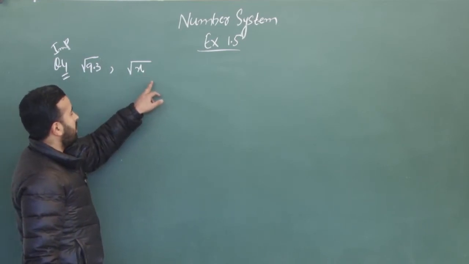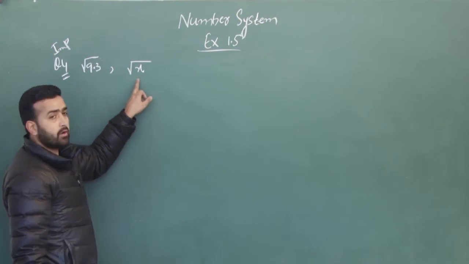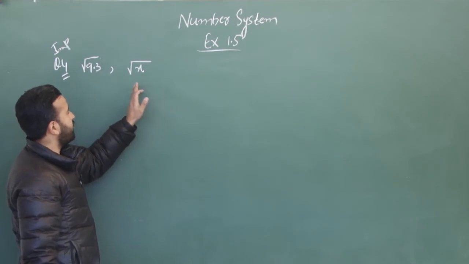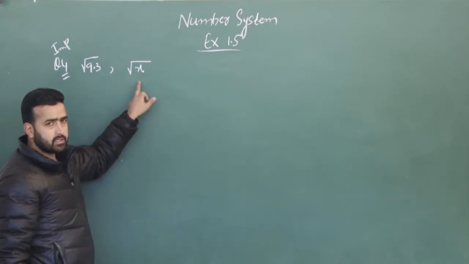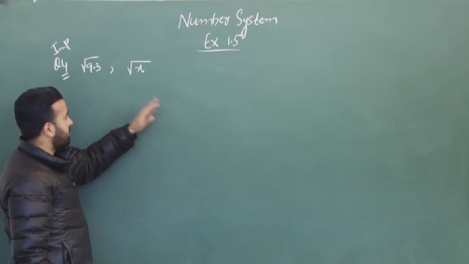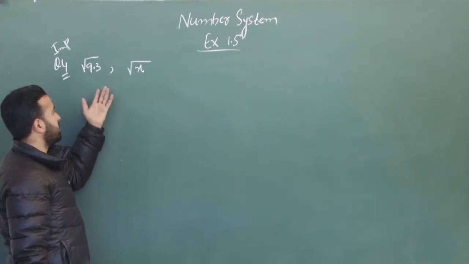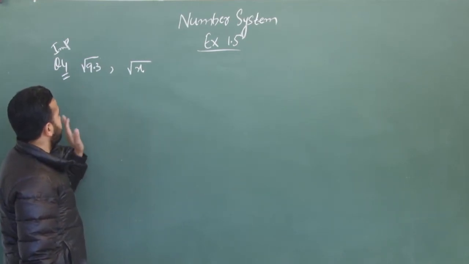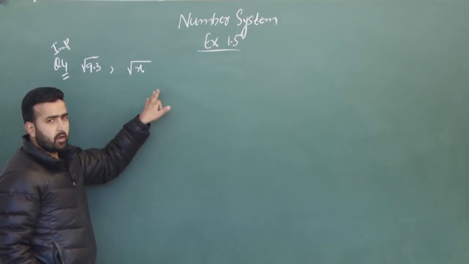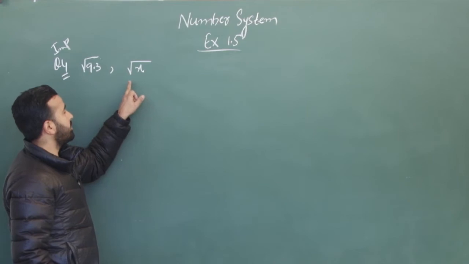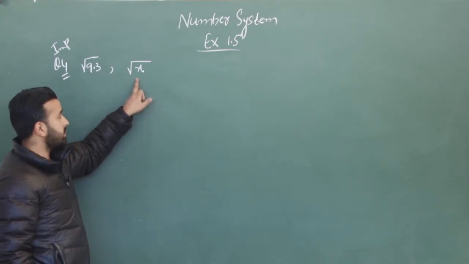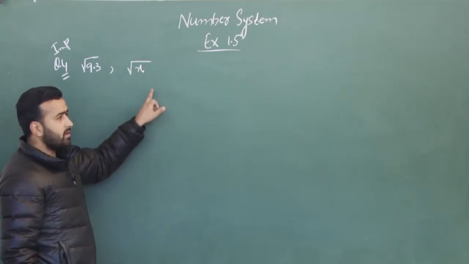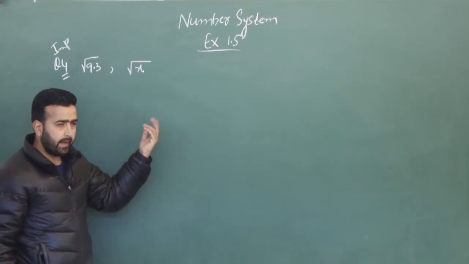If we understand how under root x can be represented on the number line, then it will be very easy for us to represent all the numbers in the radical sign on the number line, be it under root 9.3, 7.3, 6.5, or some other number. So we are going to first discuss the general method. How can we represent a number x in the radical sign on the number line? This general method will apply to all types of numerical examples.